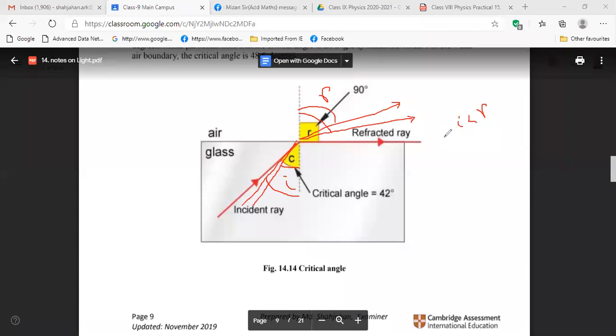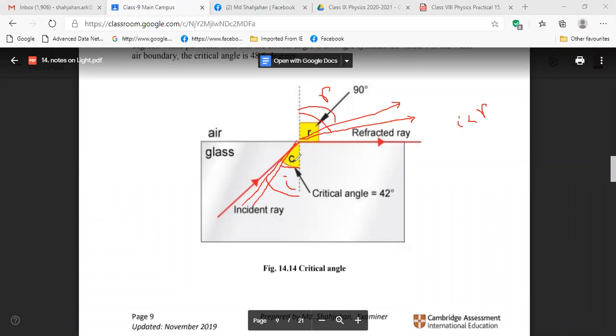For one angle of incidence, the refracted ray is going along the contact line, and the refraction angle is 90 degrees. This angle of incidence is called the critical angle. So the critical angle is an angle of incidence. This is the first thing.